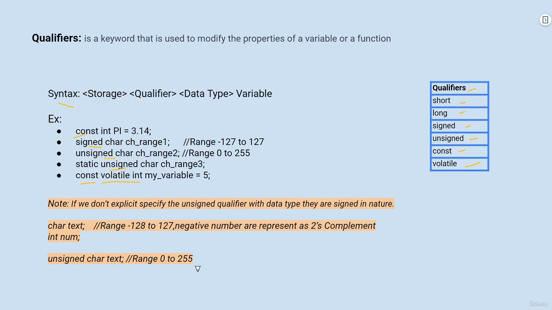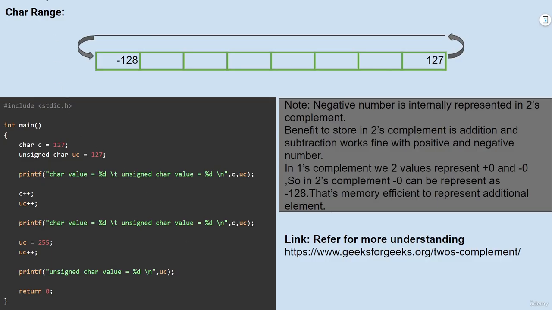In case of signed character, the range is from -128 to 127. So this is the character range. Usually signed characters have a range from -128 to 127. So if we add +1 to 127, then it will roll back to -128.